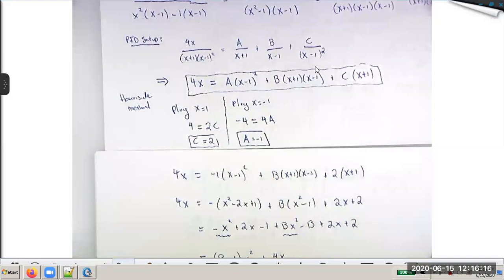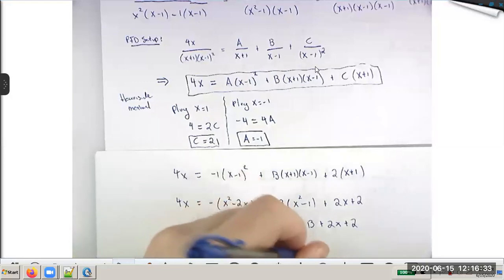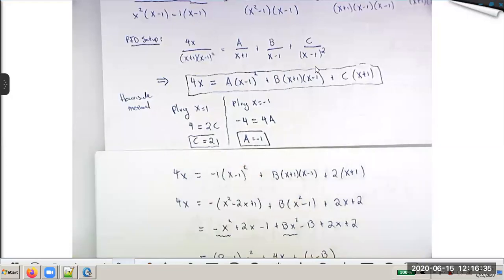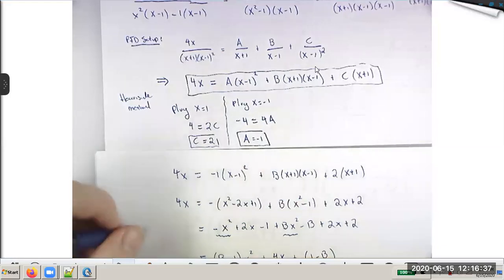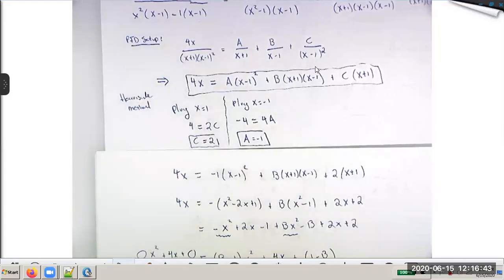Constant terms, I have minus 1 minus b plus 2. So minus 1 and plus 2 is 1, and minus b. So I've got plus 1 minus b for my constant terms. And my right-hand side is 4x. That's 0x squared plus 4x plus 0.